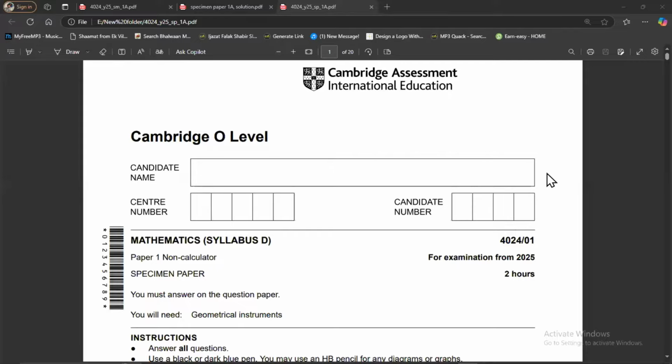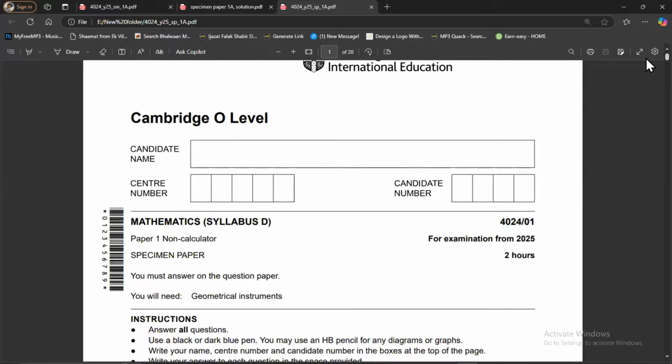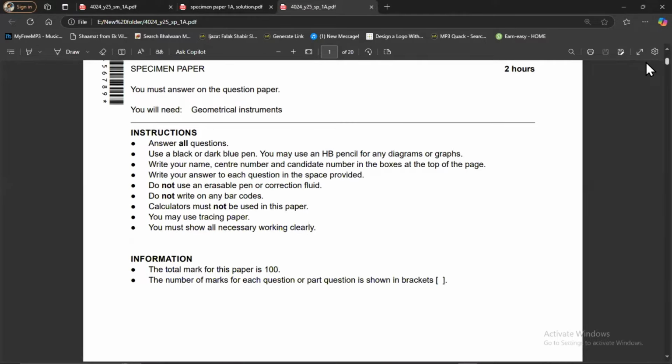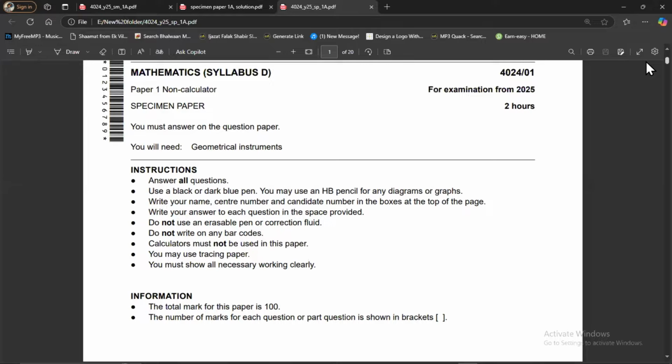So, my dear students, on your screen the specimen Paper 1A is showing up. This specimen paper is for the examinations which are starting from 2025. A sample paper has been issued by Cambridge. The total marks for this paper are 100, and the time allowed is 2 hours.